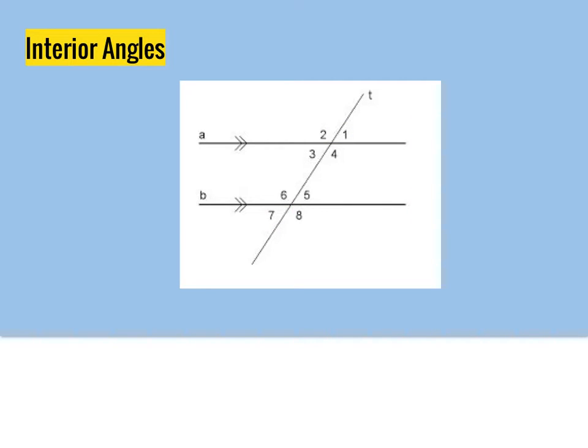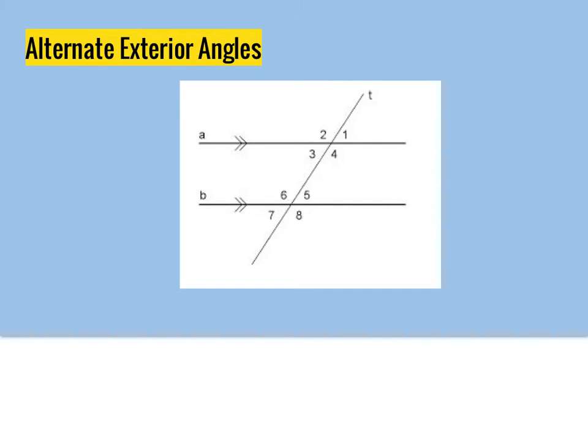Similarly, there are 4 angles that are on the interior, or inside, or between the 2 parallel lines. Those angles are 3 and 4, 6 and 5. And they are interior angles because they are on the inside or between the parallel lines.